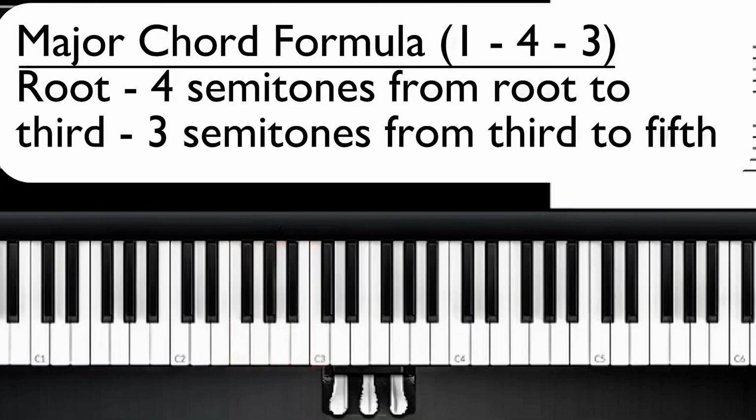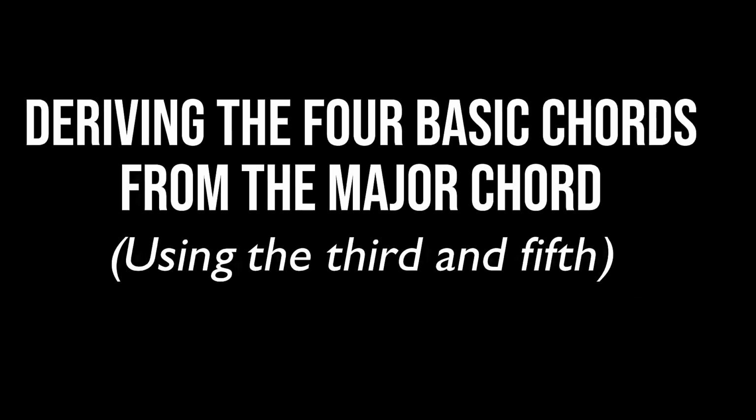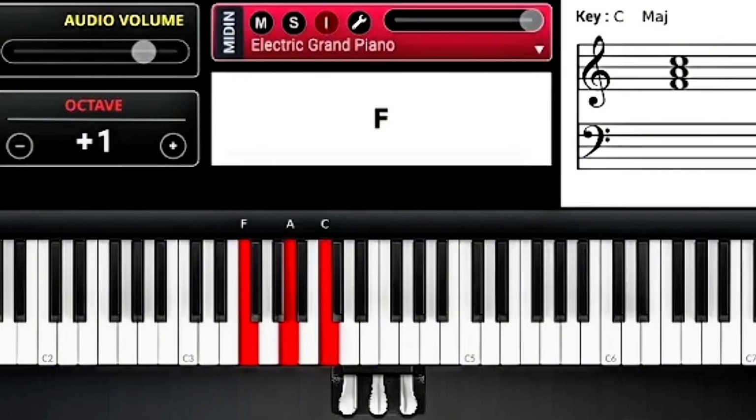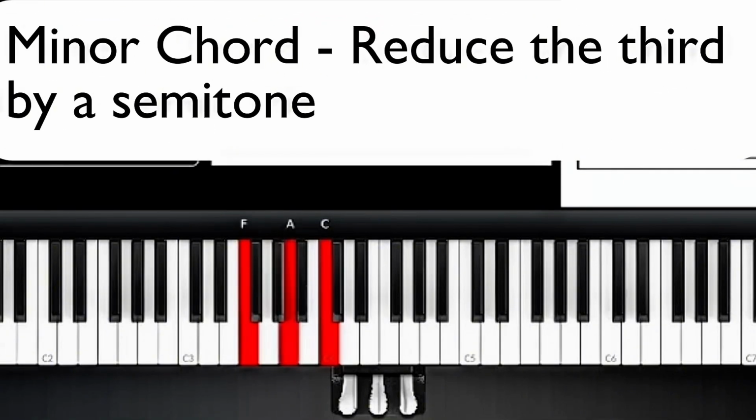So if you're a fan of formulas, just follow the same approach to form all the other chords. If not, let's look at this simple approach. This is a major chord. We've already looked at how they are formed. To get a minor chord, all you have to do is to reduce the 3rd by a semitone.